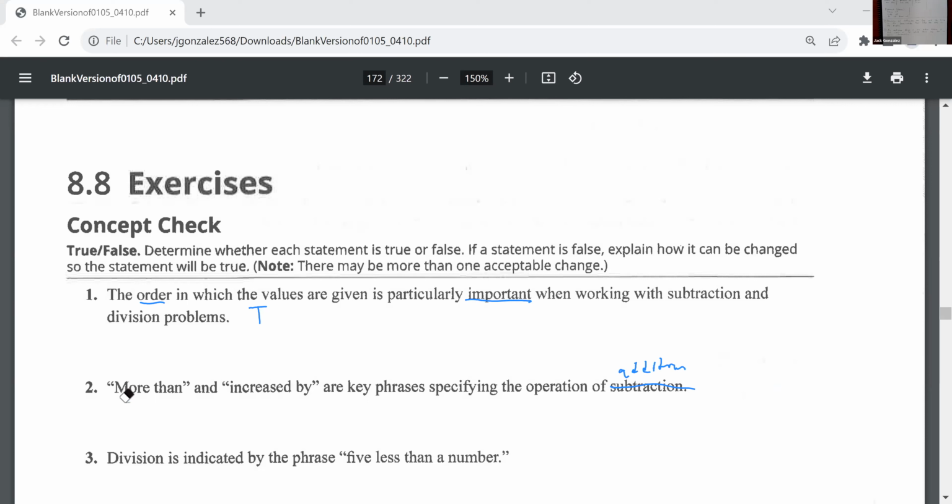Three. False. Division is indicated by the phrase 5 less than a number. What would you change?